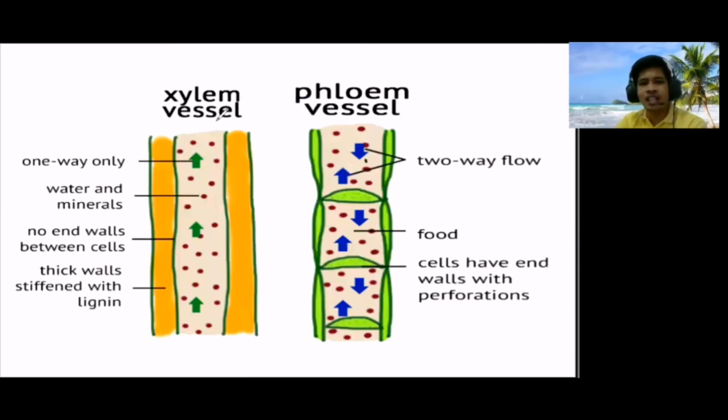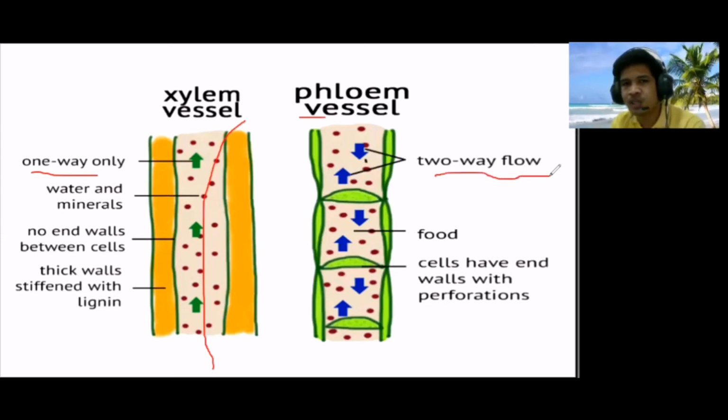Xylem is one way only, from down to up, because it transports water only. Water from the ground going to the leaves. But for the phloem, it's two way, because it transports food, and the other one is water. But mainly the function is transporting food.